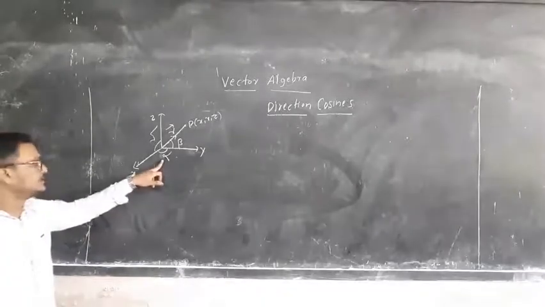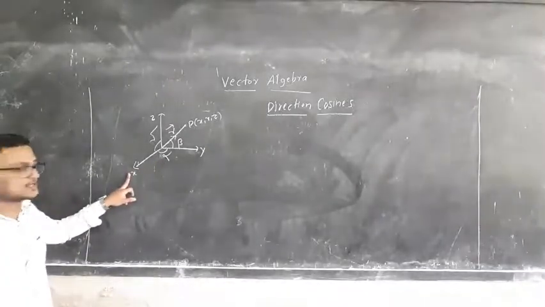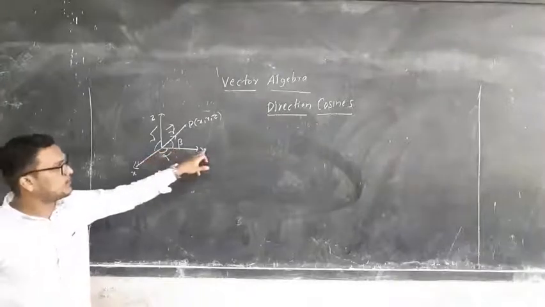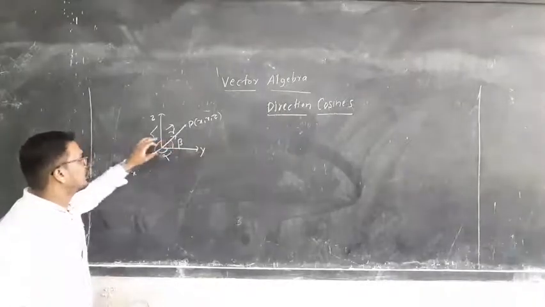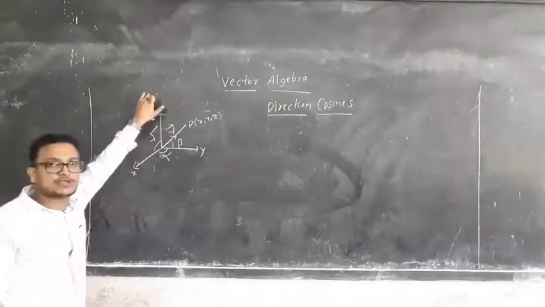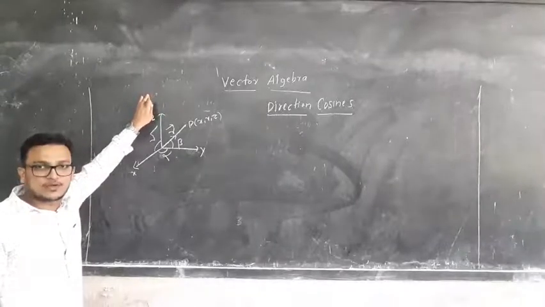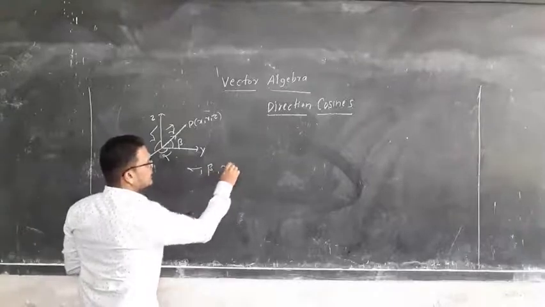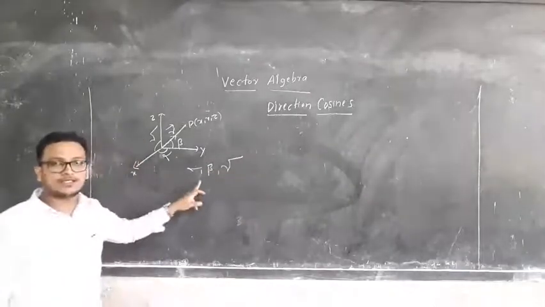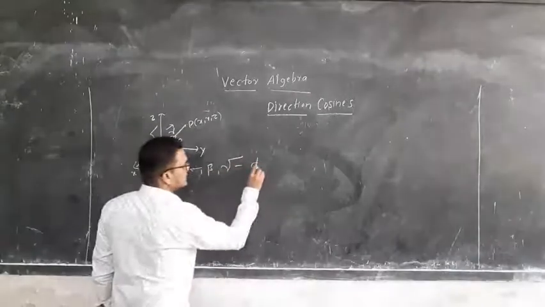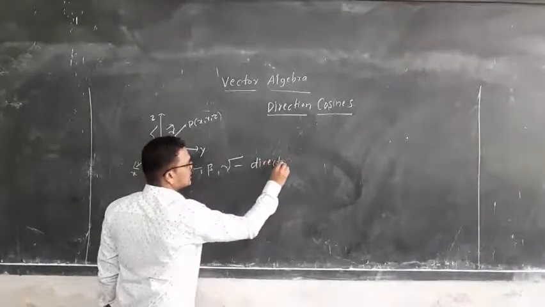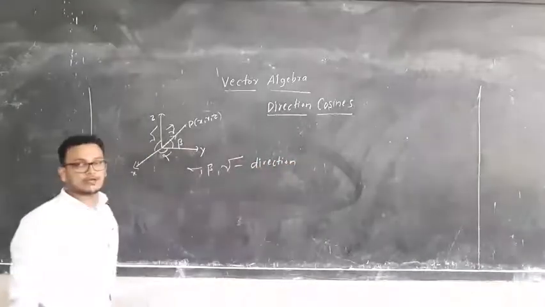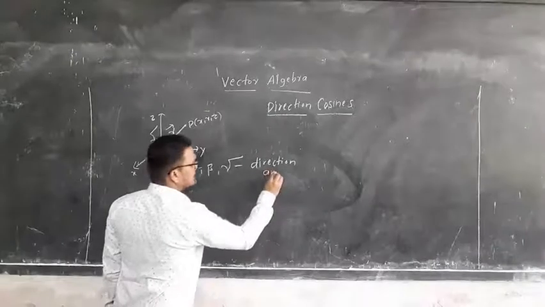Alpha is the angle with the positive direction of the x-axis, beta with the positive direction of the y-axis, and gamma with the positive direction of the z-axis. Therefore alpha, beta and gamma are called direction angles.